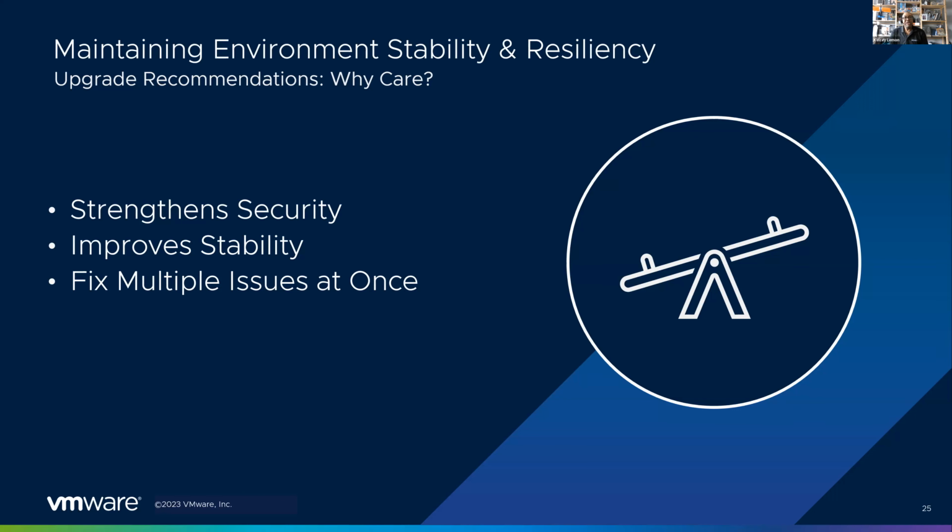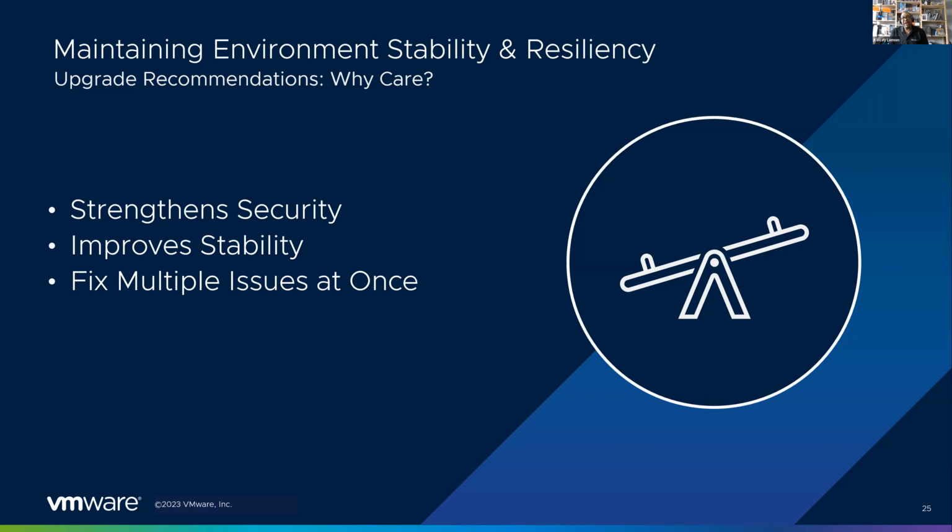So we at VMware realize this, and that's why we've included upgrade recommendations in Skyline. And so why should you be leveraging this feature? Quite frankly, upgrade recommendations are important because they often include, like I said, those critical patches to security holes. Being aware of them makes your environment less vulnerable to harm. Upgrade recommendations can also include new or enhanced features or better compatibility with other VMware solutions.